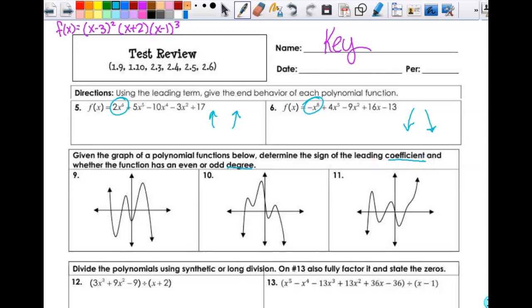So number 9, these are opposite. So this is an odd power or odd degree, you can say it either way. And this would be a negative coefficient. All right, so these are even because they're the same. So this would be an even power or even degree, and a negative coefficient.